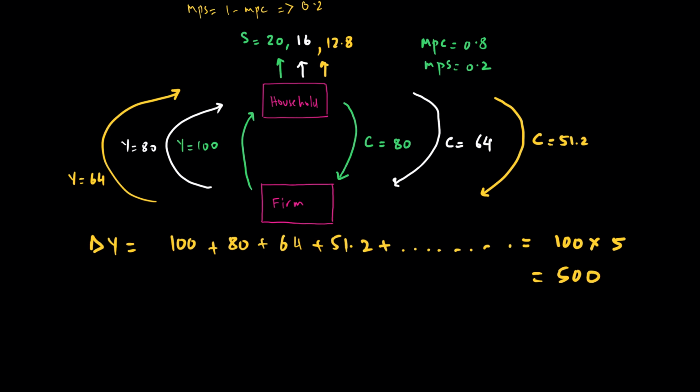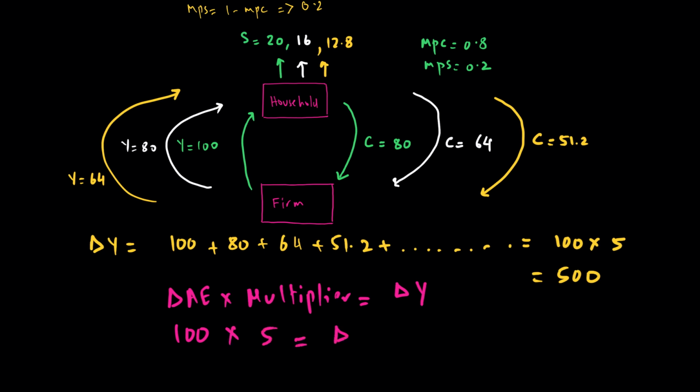Why? Because we said that change in AE times my multiplier is equal to change in Y. So if the change in AE was 100, which is exactly what it is, and my multiplier is 5, I will have a change in Y of 500.